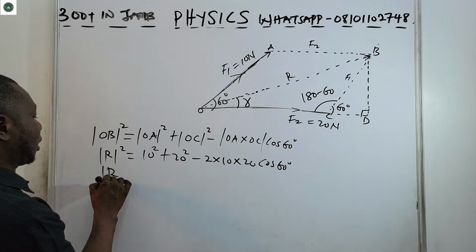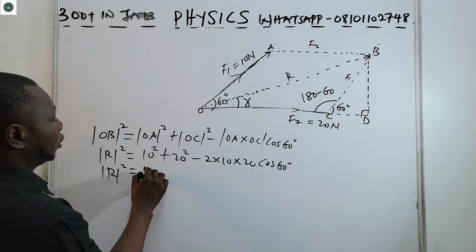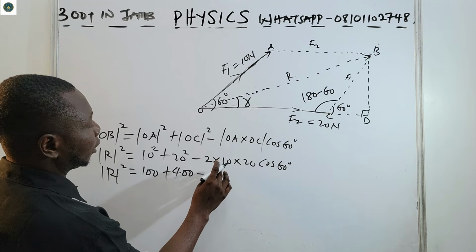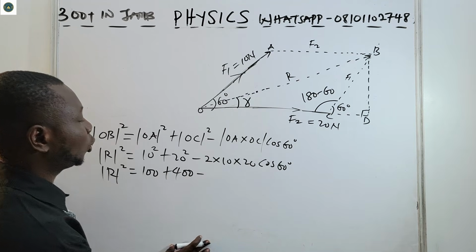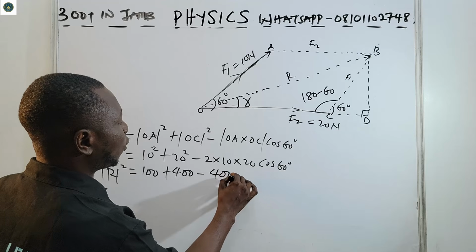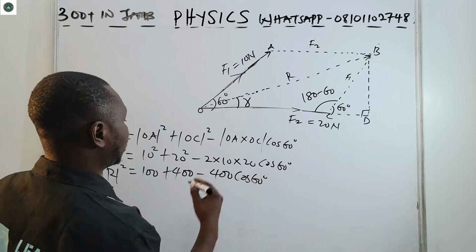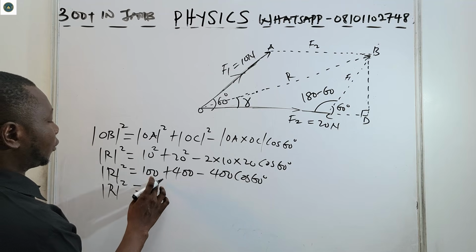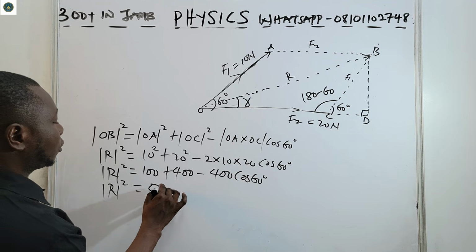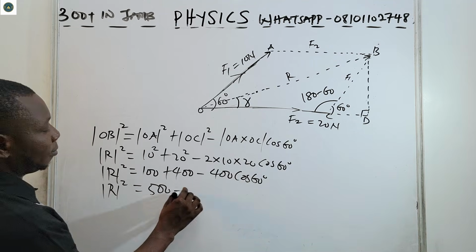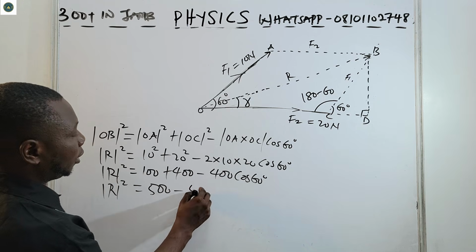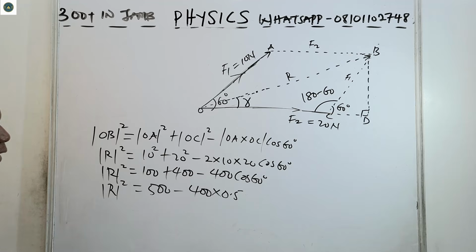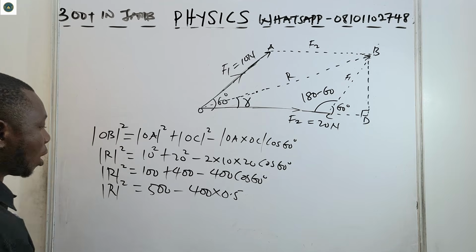So R squared, 10 squared is 100, plus 20 squared, you have 400, minus 2 times 10 times 20, so 400 cos 60 degree. So R squared gives us 100 plus 400, so we have 500 minus 400 times 0.5, and 0.5 is 1 over 2.